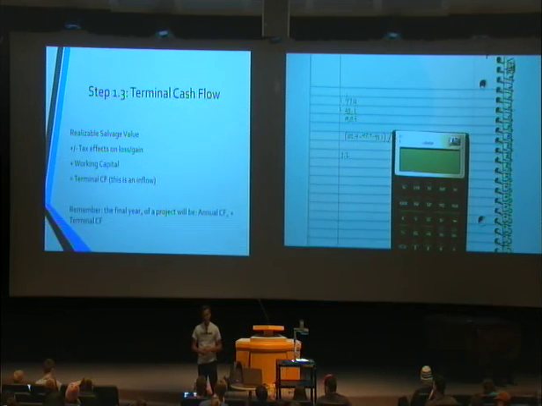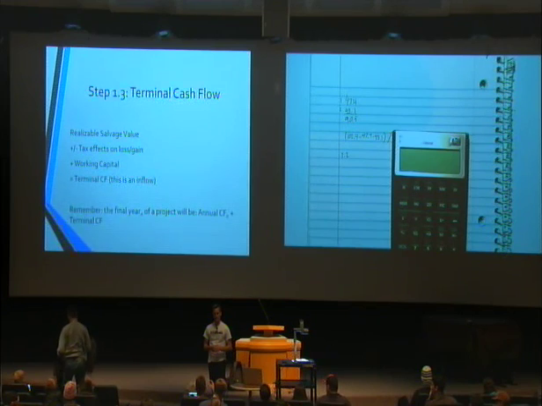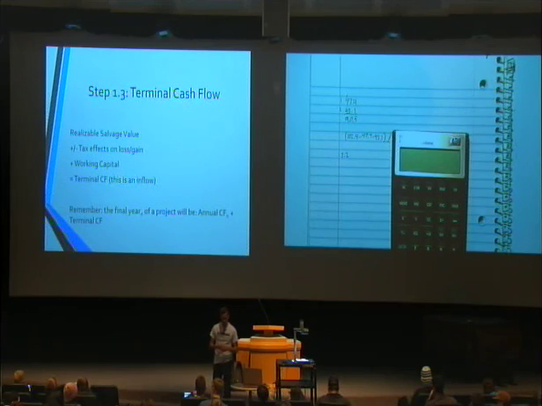So when doing the whole tax thing, do you multiply the difference between the actual salvage value and the book value by the tax rate or 1 minus tax rate? Okay, so he's wondering about tax implications.